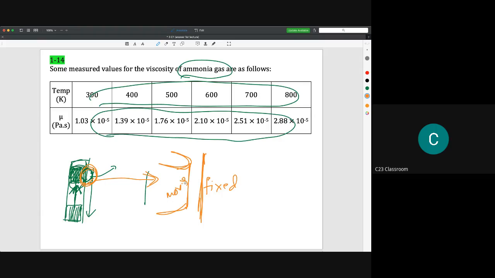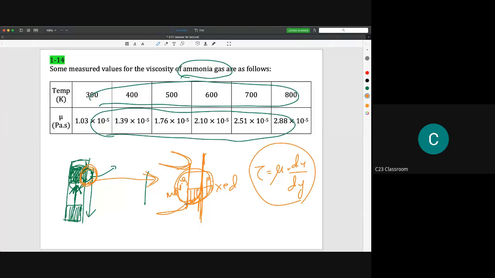So we could have the velocity distribution like this, which means we have tau equals mu du/dy. By this idea, we could estimate the viscosity. Please try to find how to measure the viscosity of gas.